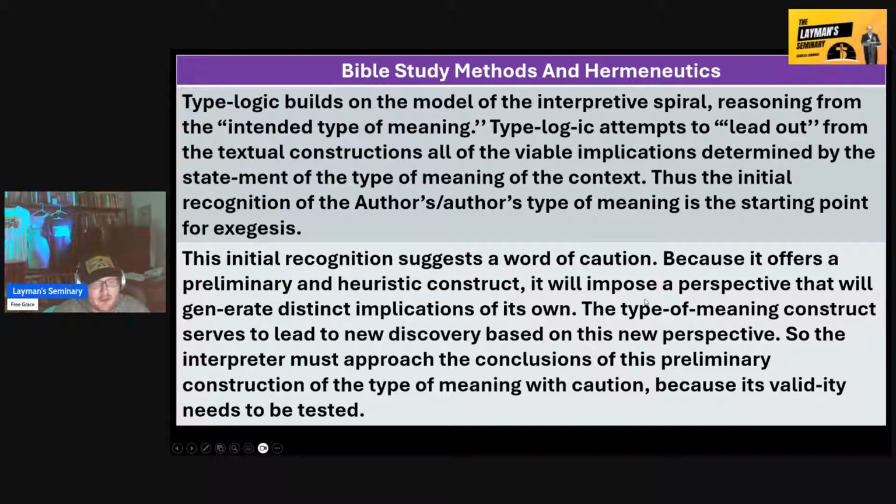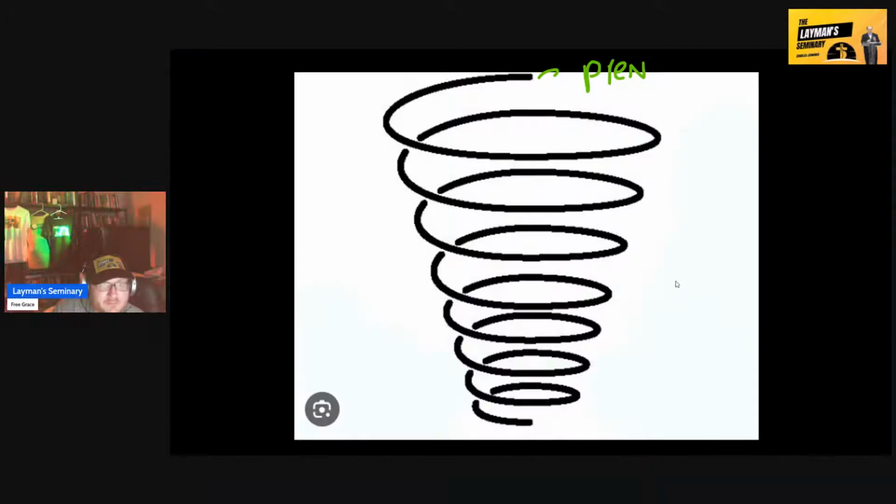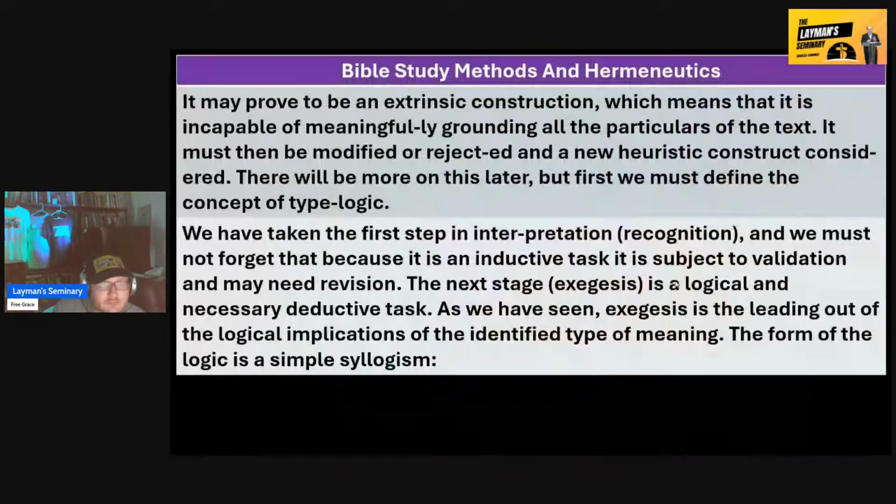It will impose a perspective that will generate distinct implications of its own. The type of meaning construct serves to lead to new discovery based on this new perspective. So the interpreter must approach the conclusions of this preliminary construction on the type of meaning with caution because its validity needs to be tested. Okay?